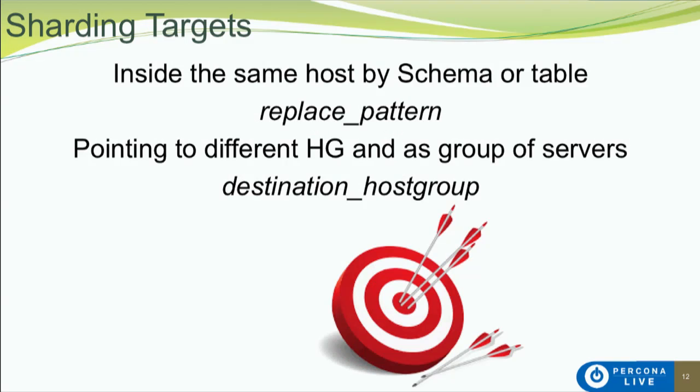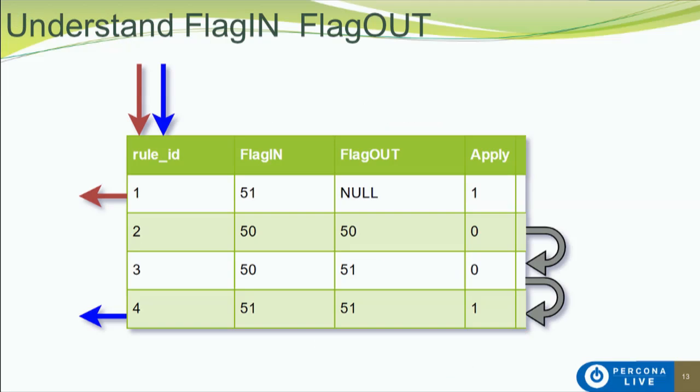You can create a shard that is inside the same node but a different schema, changing the SQL structure with the replace pattern, or you can point to a different host group, associating what is coming in with a host group that points to a specific server, and this is done with the destination host group. All the important logic is, as I said, in the query rules table.